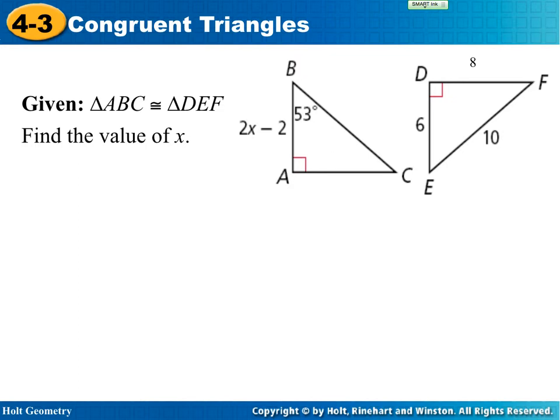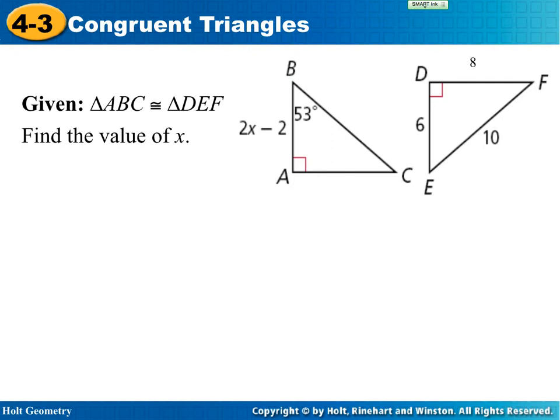Given triangle ABC is congruent to triangle DEF, what's it telling you by that first part in the information that's given? Okay, they're congruent, they're identical, same size, same shape, and it tells you how they match because of the order. Find the value of X. So X is on side AB.